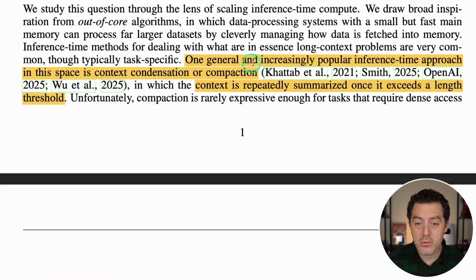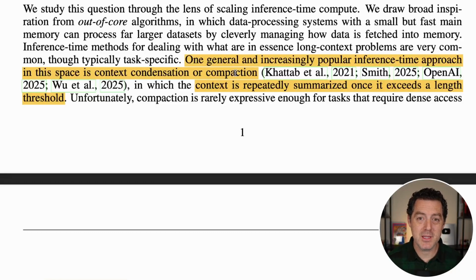Now, one general and increasingly popular inference time approach in this space is context condensation or compaction. Basically, what a lot of model providers and service providers do is they look at the context window, and once it starts to reach the limit of what the context window can be, they start to compact it. They basically use an LLM to summarize what's in the context window and shrink it down, but that is lossy.